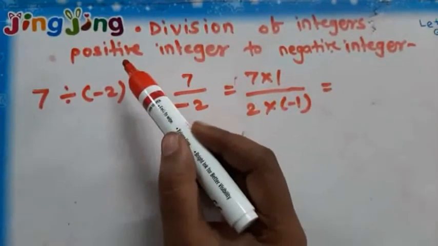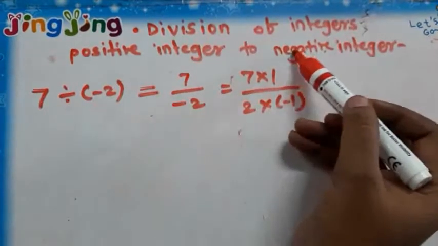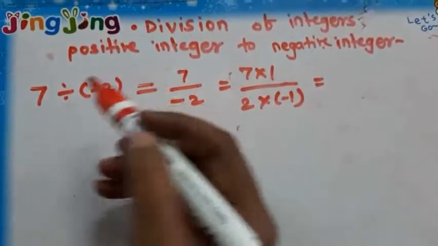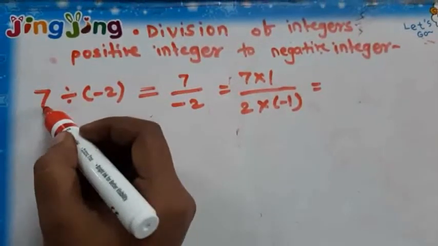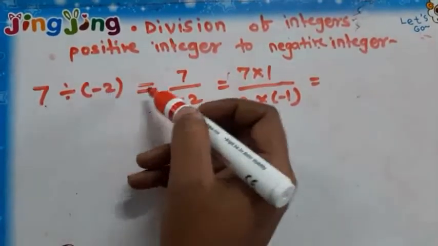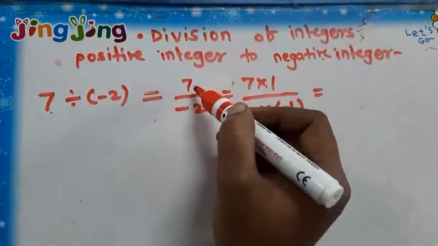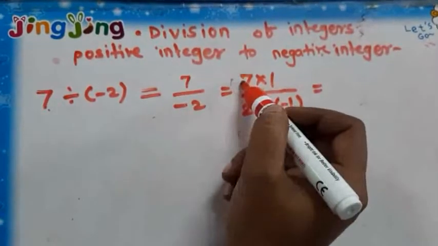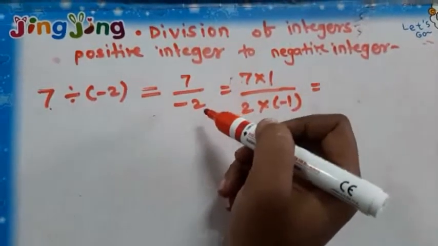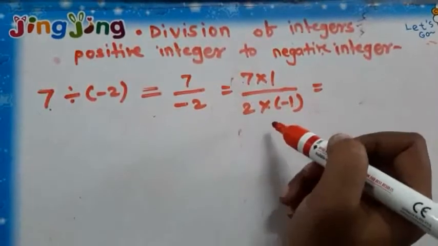Consider the next case, when a positive integer is divided by a negative integer. For example, 7 is positive and it is divided by minus 2. So it can be written as 7 divided by minus 2. Here I can write 7 as 7 into 1, and 2 can be written as 2 into minus 1.